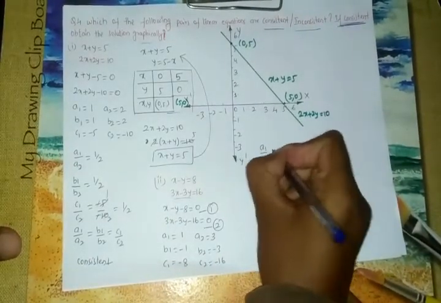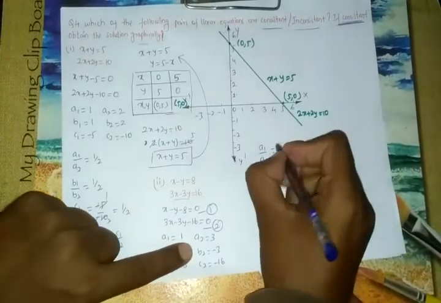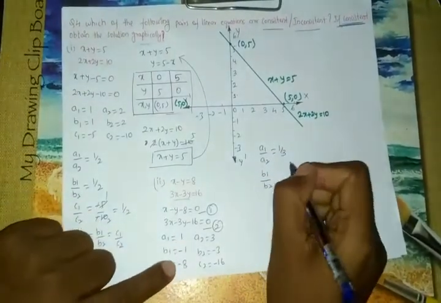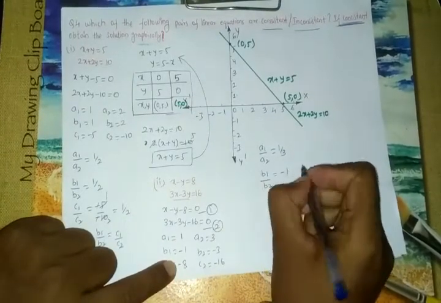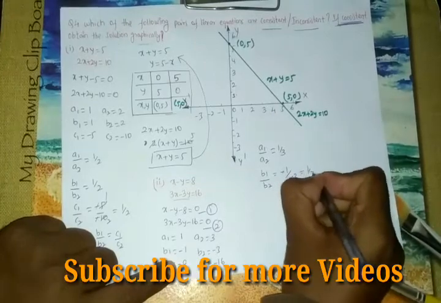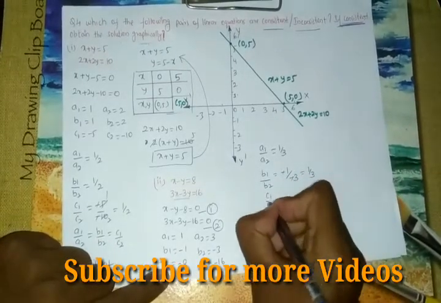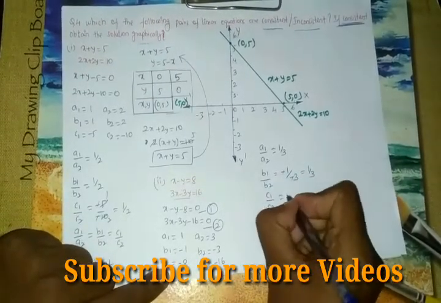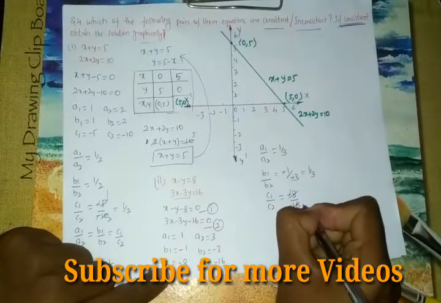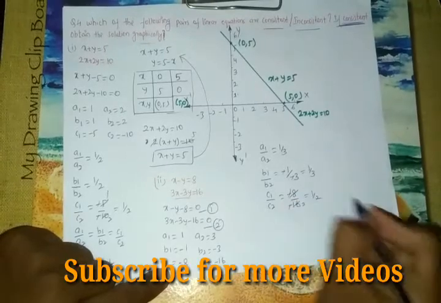Now compare the ratios. a1 by a2 is 1 by 3, b1 by b2 is minus 1 divided by minus 3, so again it is 1 by 3, and c1 by c2 is minus 8 by minus 16, which is 1 by 2.